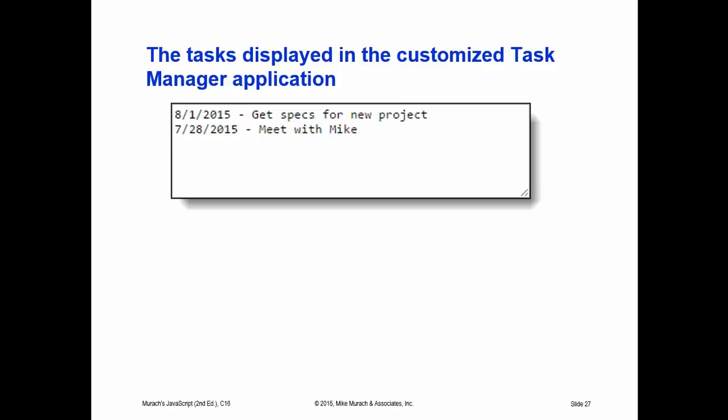So here they're talking about customizing the task manager application. In this version, we use a constructor function to create a new task object with a toJSON method. This method converts the task object to a string that displays the due date and the task.